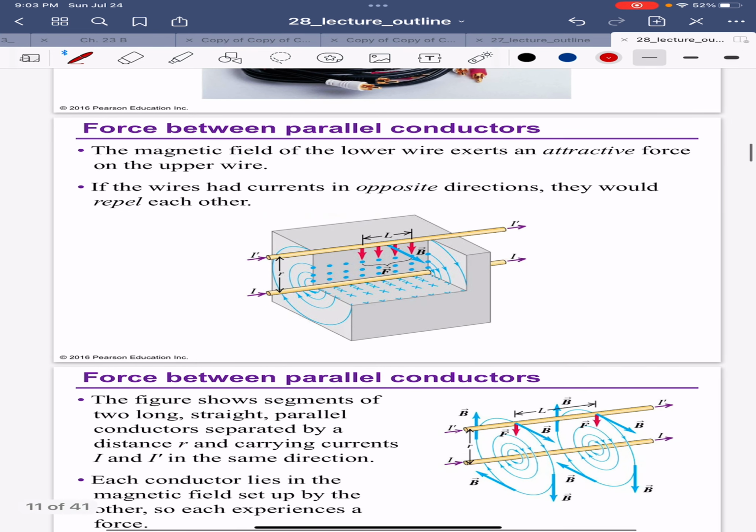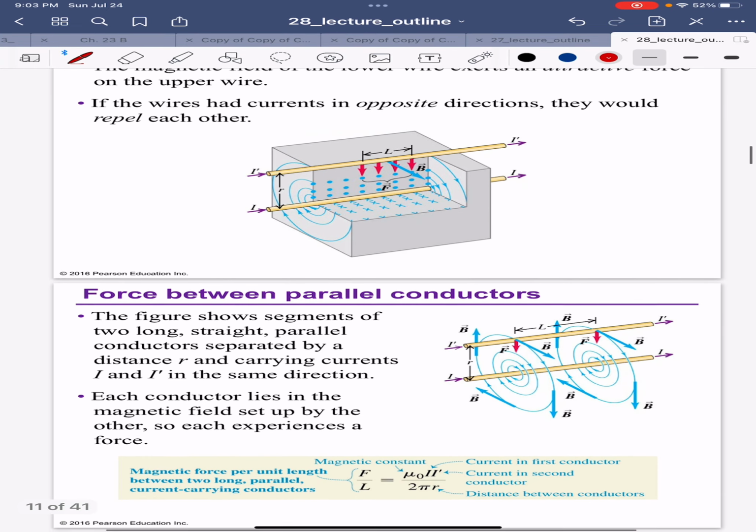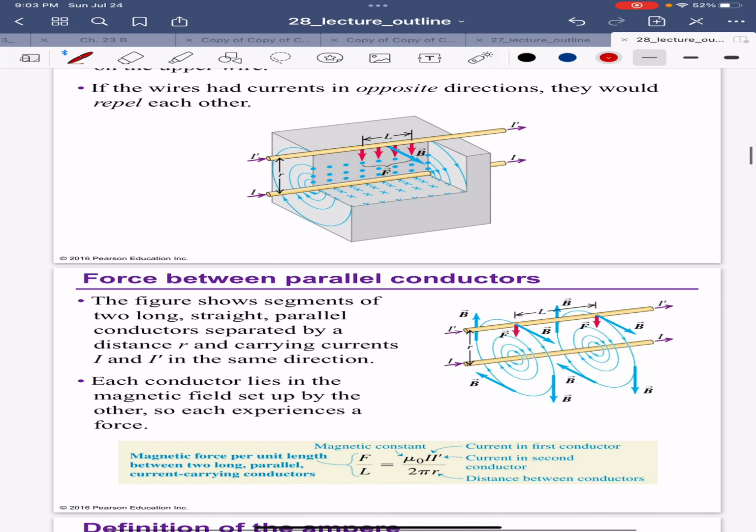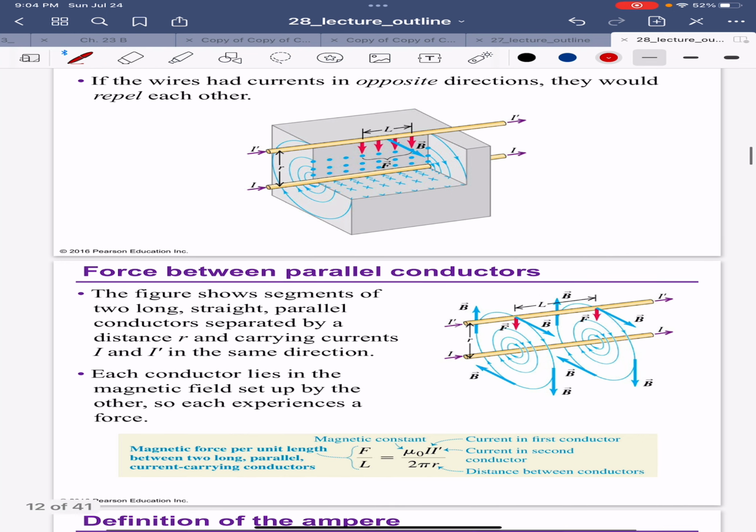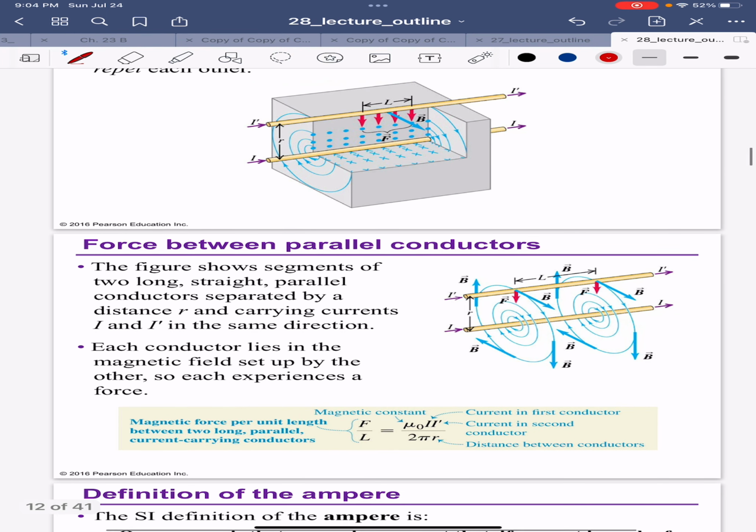We can calculate the force per unit length, and that is going to be mu zero I times I prime divided by 2 pi r. Here I is the current in conductor number 1, I prime is the current in conductor number 2, and r is the distance between the two.